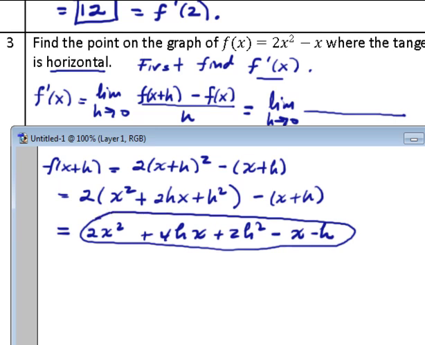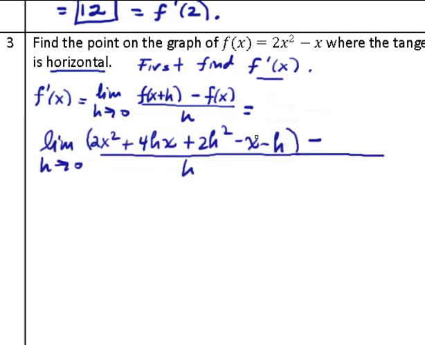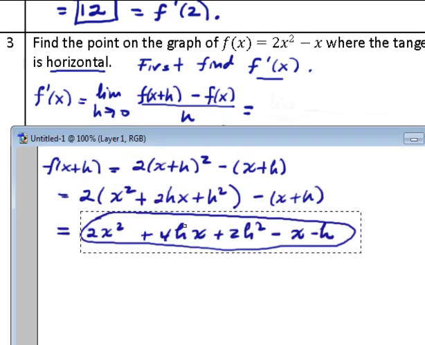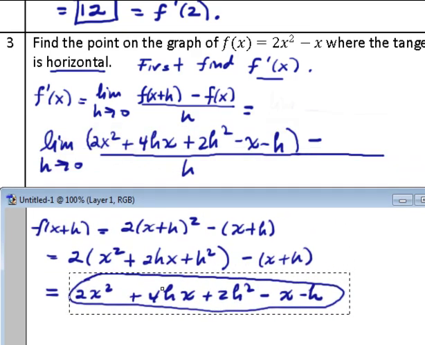So this is what we're going to substitute in over here. So let's do that. Okay, so I just copied that over here. This is what we had.